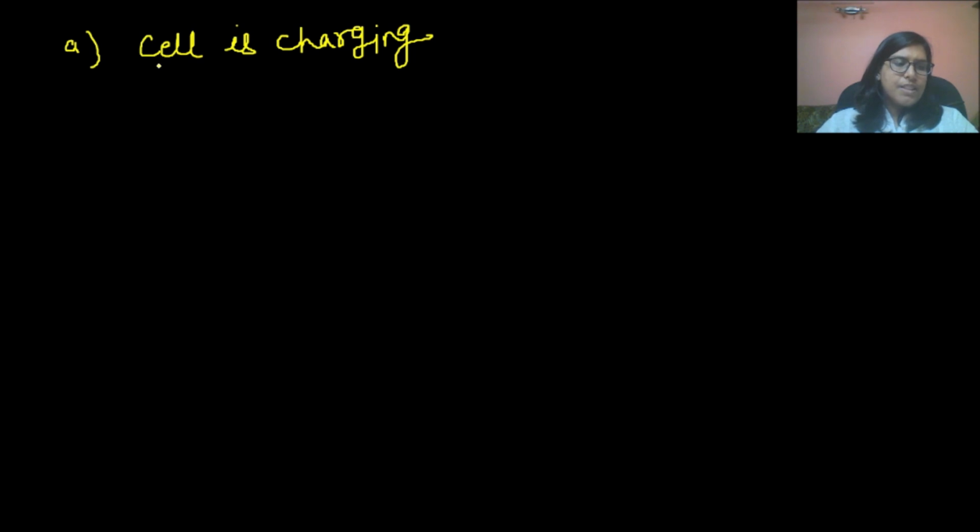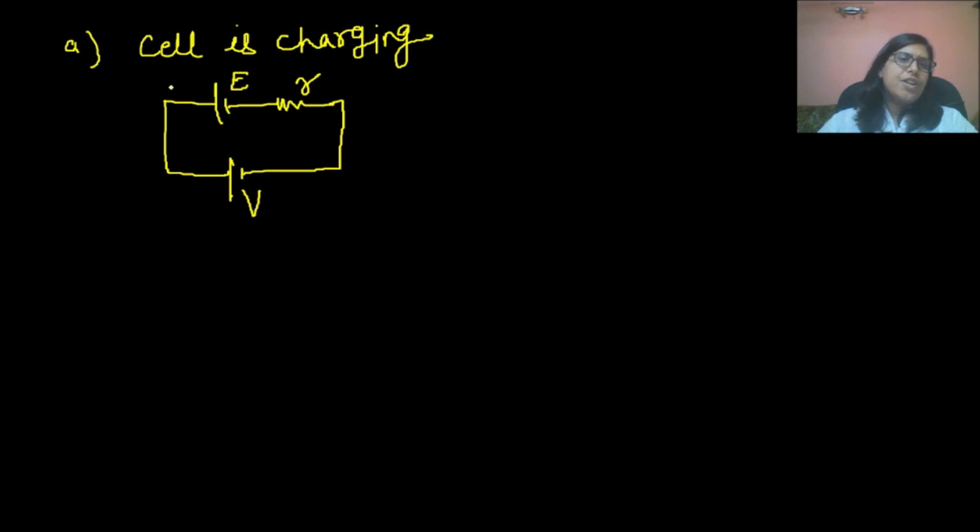Now the first condition is the cell is charging, or we can say we are supplying power to the cell. So suppose this is the circuit of a cell, this is internal resistance, this is EMF, and if this is charging, then the circuit will be like this.